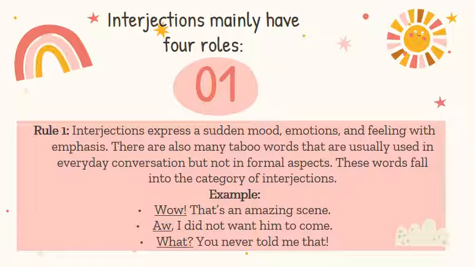There are also many taboo words that are usually used in everyday conversation, but not in formal settings. These words fall into the category of interjection. Example: Wow, that's an amazing scene. Ow, I did not want him to come. What? You never told me that.